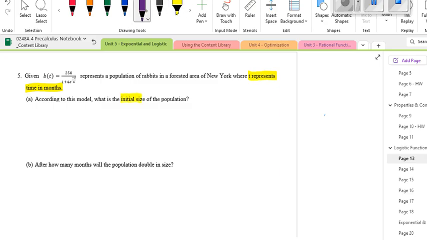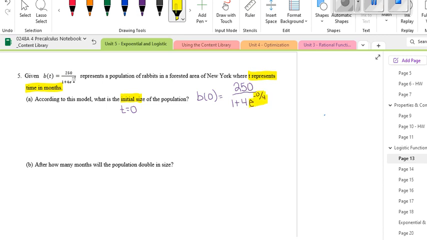I'm going to tell you that the initial size occurs at time 0, or when the time is equal to 0. So I'm going to start by evaluating b of 0, or in other words, replacing each t with a 0. So doing that would give me a 250 in the numerator. In the denominator, I've got 1 plus 4 times e raised to the power of negative 0 divided by 4.